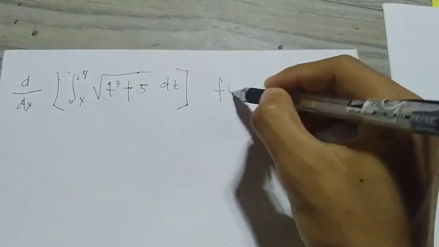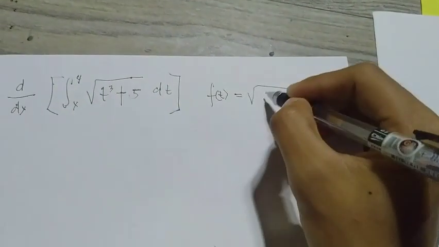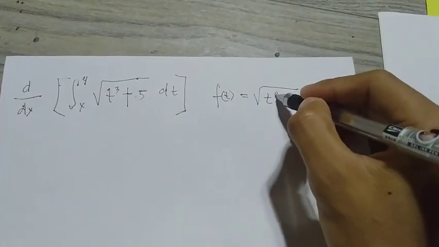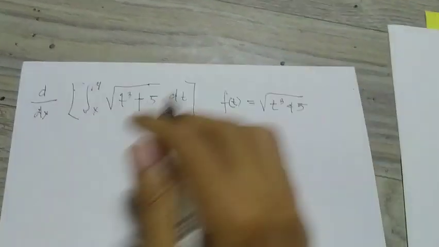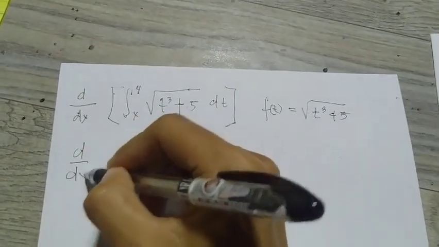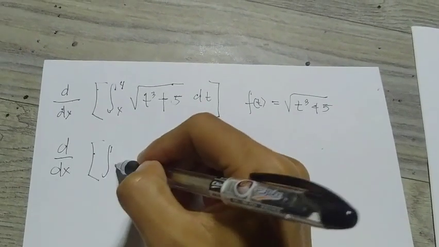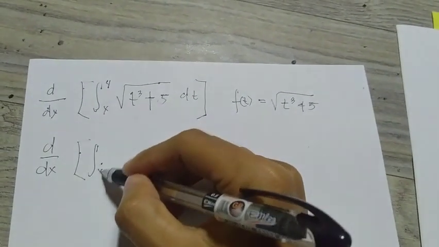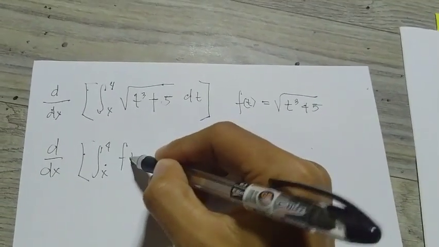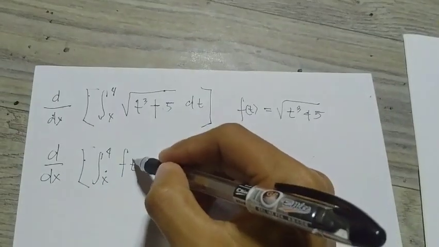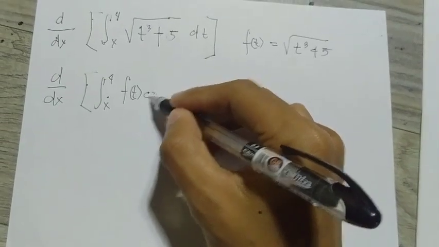So our f(t) is equal to the square root of t raised to the third power plus 5. So d over dx of the definite integral from x to 4 of f(t) dt.